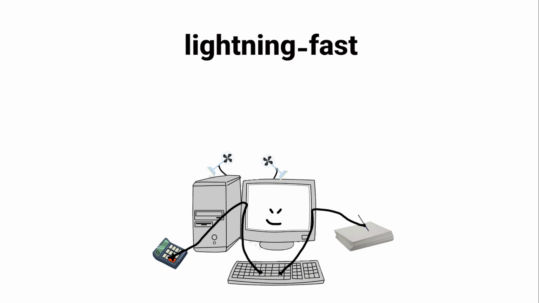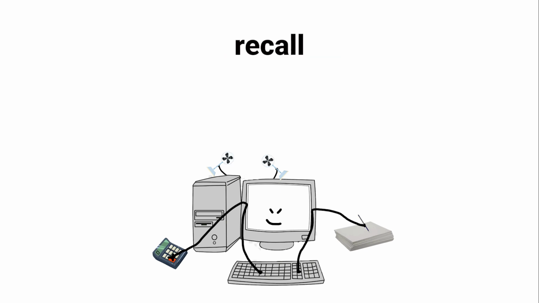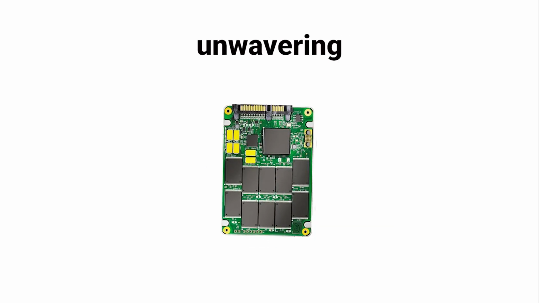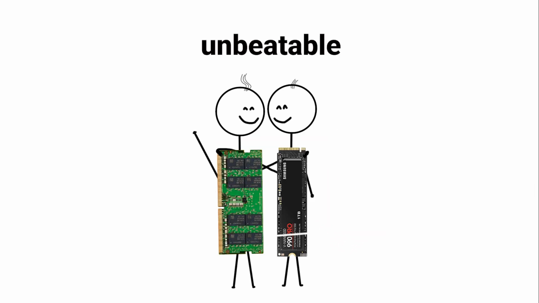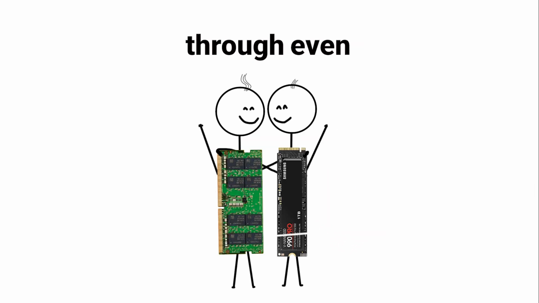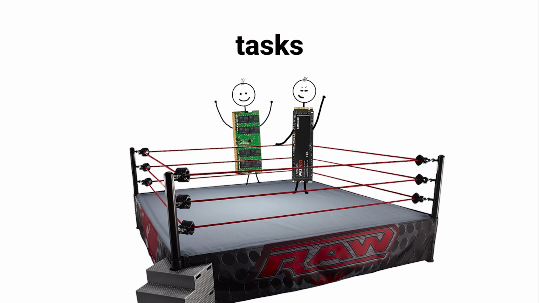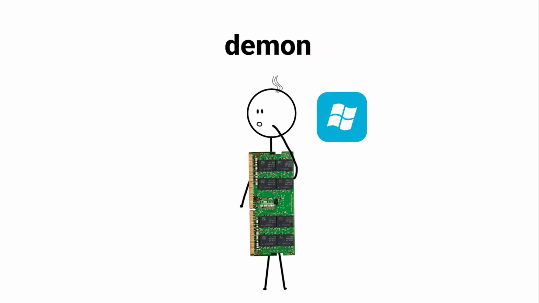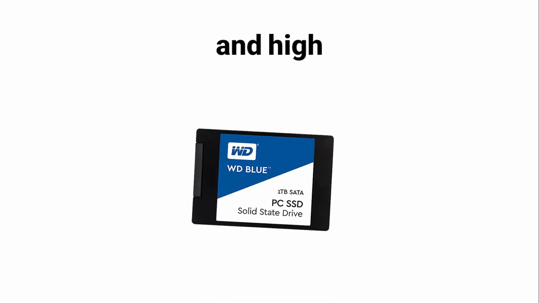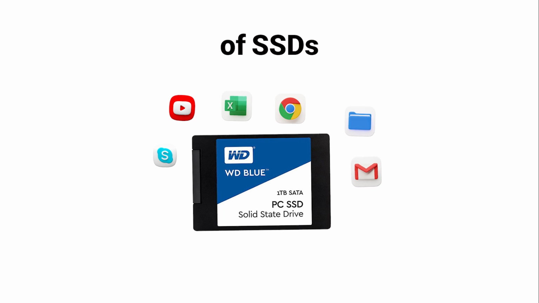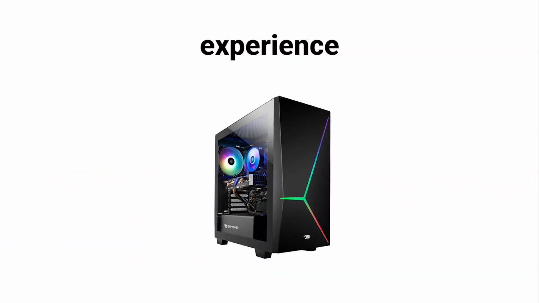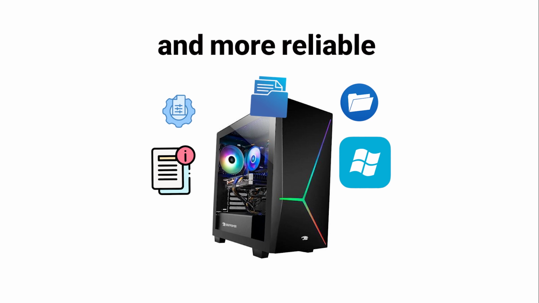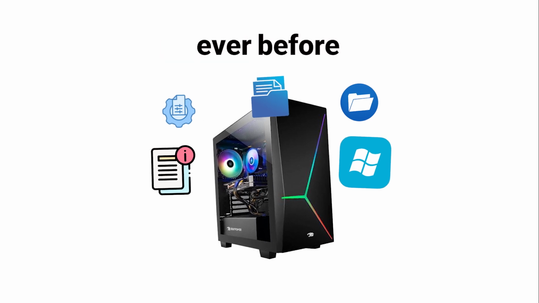DRAM, with its lightning-fast reflexes and instant recall, and the SSD, with its unwavering reliability and vast storage capacity, form an unbeatable team that powers your computer through even the most demanding tasks. From the volatile speed demon that is DRAM, to the efficient and high-capacity powerhouse of SSDs, these two technologies work together to create a computing experience that's faster, smoother, and more reliable than ever before.